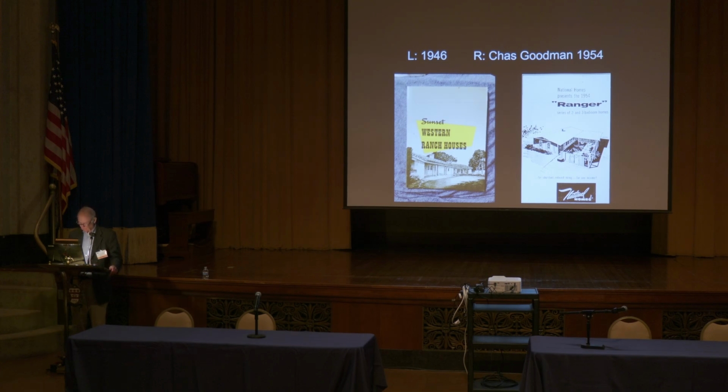Is to look at some of the other things that were going on in these years, and in particular, of course, we're here, and we're going to be looking at Charles Goodman, and this is one of his designs for National Homes there on the right. But we're going to also be looking at what went on out there in California, and the Western Ranch House, and all of this.